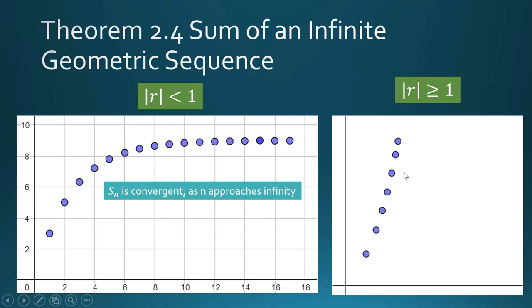However, it can happen that the sequence of partial sums is not convergent. It is divergent, and it can happen when the absolute value of your common ratio is greater than or equal to 1. When that is the case, then we say that the geometric sequence has no finite sum. Its partial sums can go on increasing and increasing towards positive infinity.